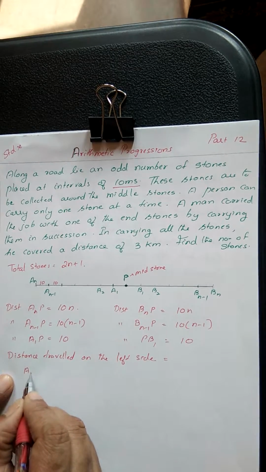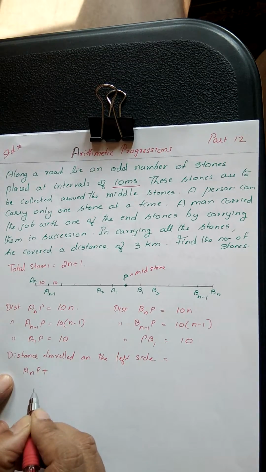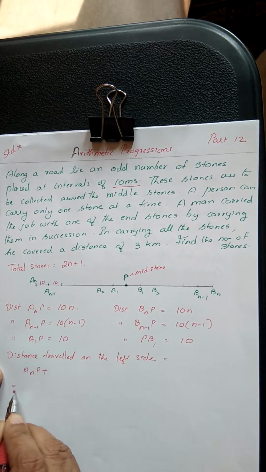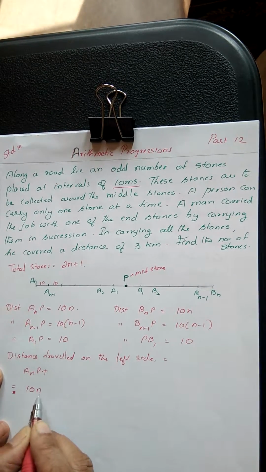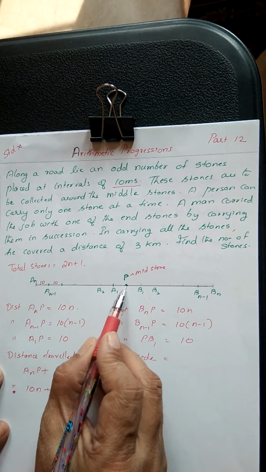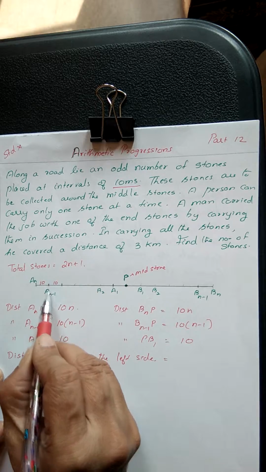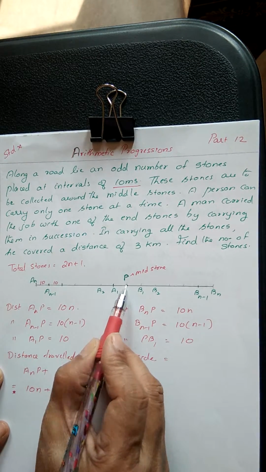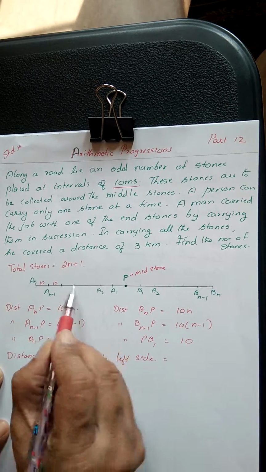We will write the values also: 10N plus, then he will come back from P to A n minus 1 and then again go back to the same point P. So he will be traveling twice.